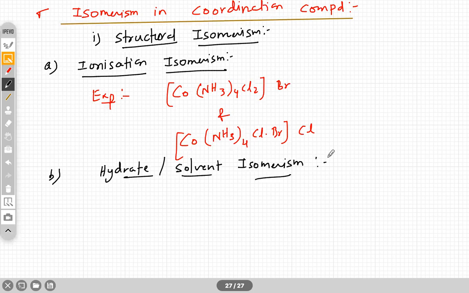Write down, this is a special type of ionization isomerism in which water molecules are involved.